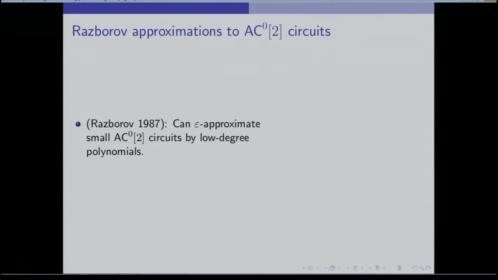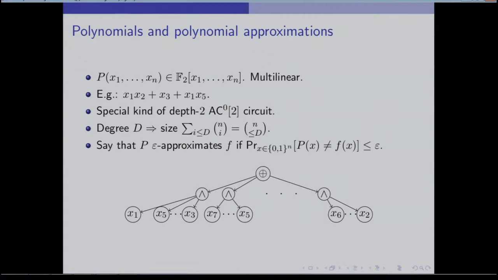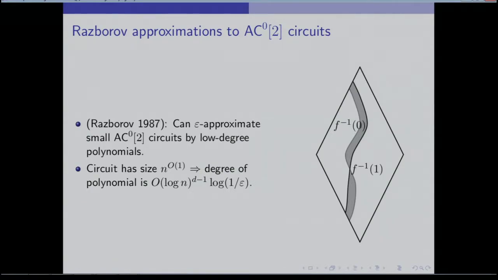If you have a degree d polynomial, the size of the depth 2 circuit you get is only n choose at most d. So if you get a polynomial of degree polylog n, then this gives you a depth 2 circuit of quasi-polynomial size that approximates your Boolean function. So it's equal to the Boolean function on most of the inputs.